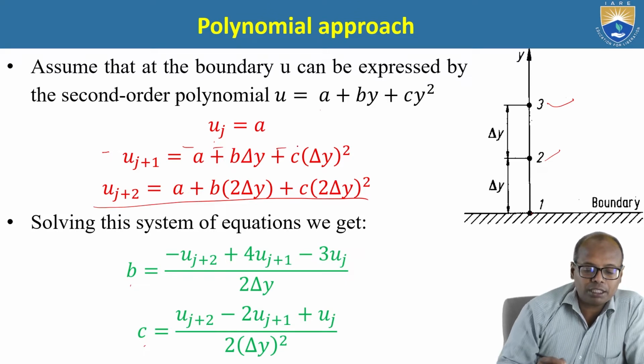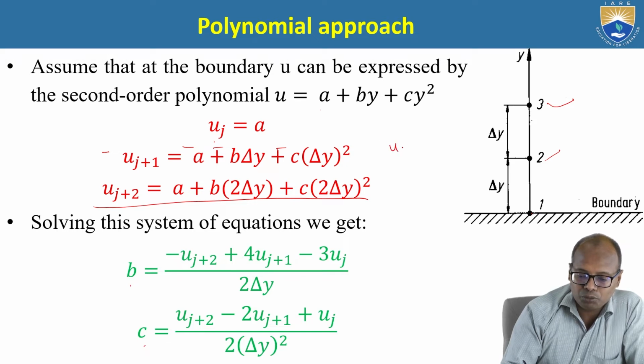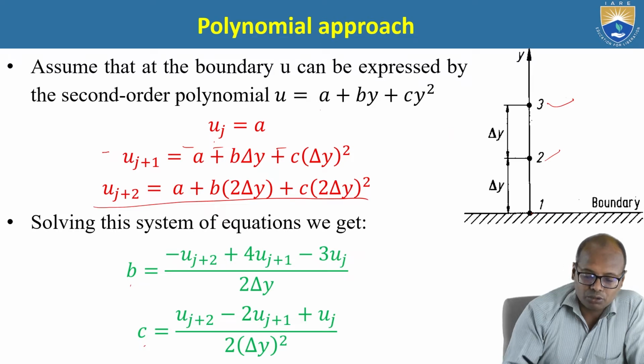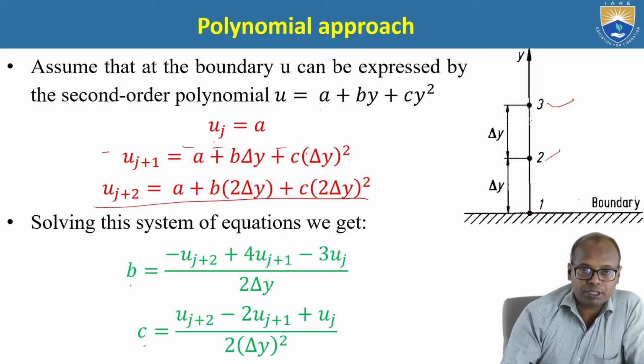If I multiply the above equation with minus, what will I get? I will get u(j+2) minus u(j-2). Now I can eliminate c, because we don't know c.